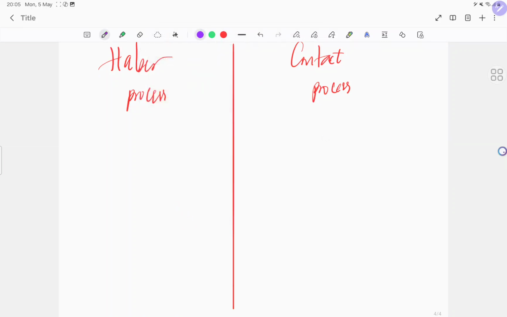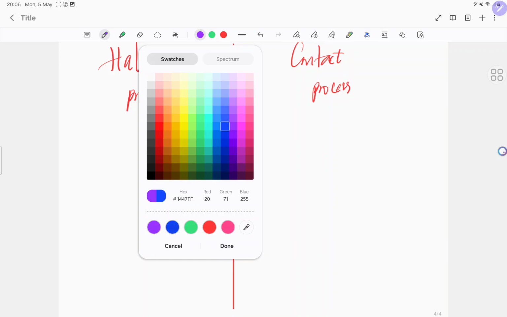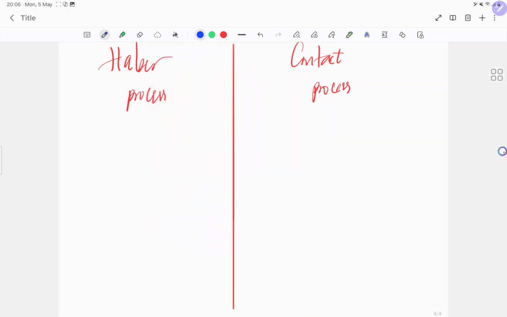You already know the Haber, right? I know the conditions for Haber. Okay, you're just talking about conditions then. For Haber, it's 450 degrees Celsius. And for contact, it's also 450. That's correct. So they're the same temperature.